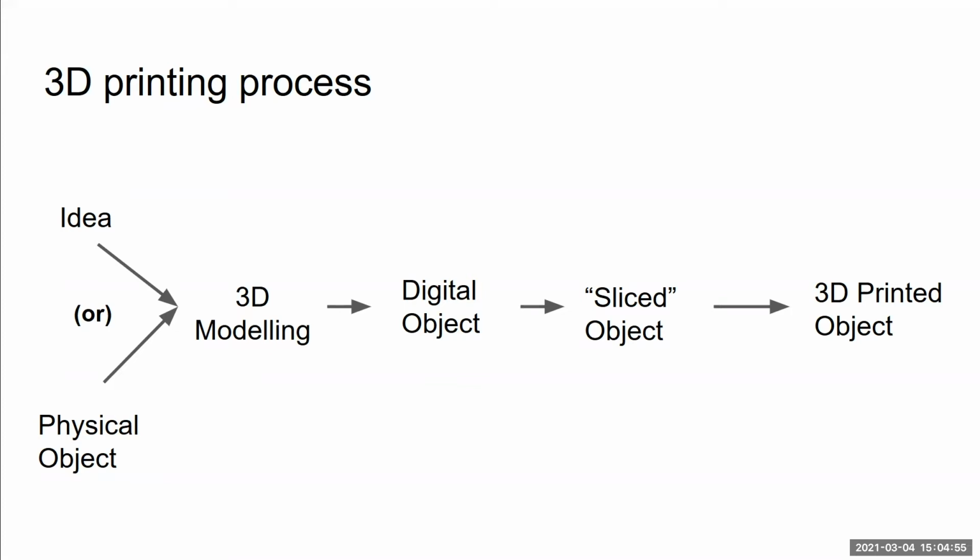So as you're thinking about, okay, if I'm going to create a 3D model of a sculpture, that is going to generate a particular set of computer readable data points.